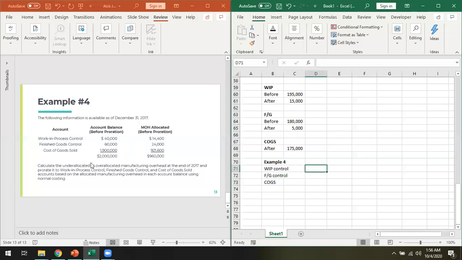The account balance for the manufacturing overhead cost for the work in process control balance is 15,005 and 15,400, for finished goods control it is $24,000, and for cost of goods sold it is 921,600. I just move to here. This is the manufacturing overhead allocated.